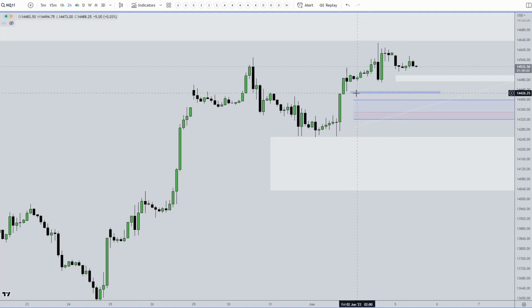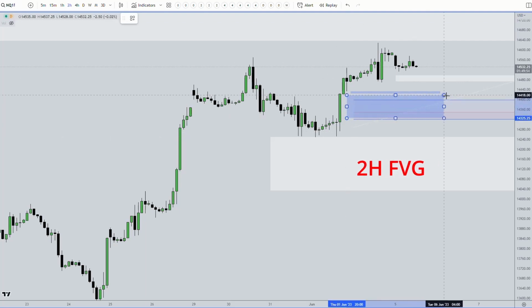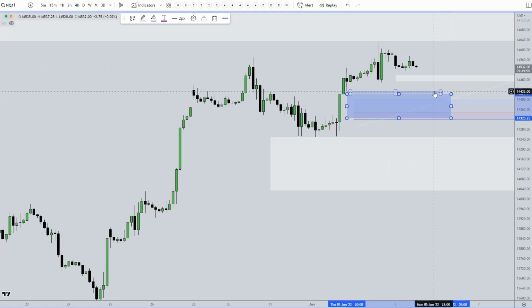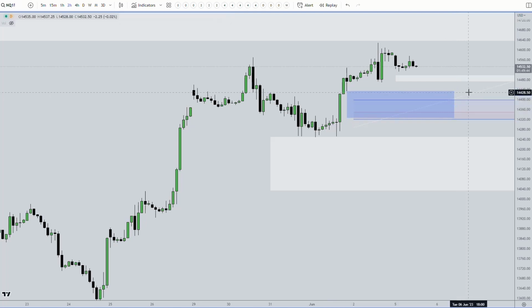However, as you can see, I've already marked it out. We do have a first fair value gap sitting here and another one which basically fills all of this area a bit lower. So let's turn that into basically one big box that we are interested in.